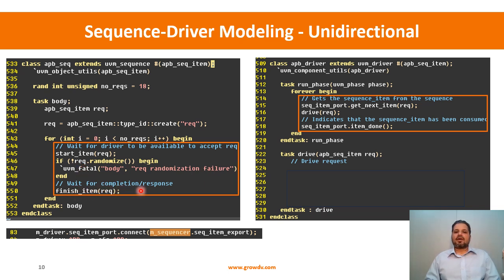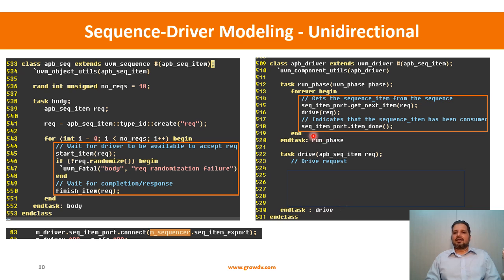This is where we are waiting for the completion, the response phase in a way, if you want to say so. The finish item gets called and blocks here, and then the sequencer unblocks this 500 and line 515 which it had blocked, and this request handle is now the randomized request handle from the sequence.